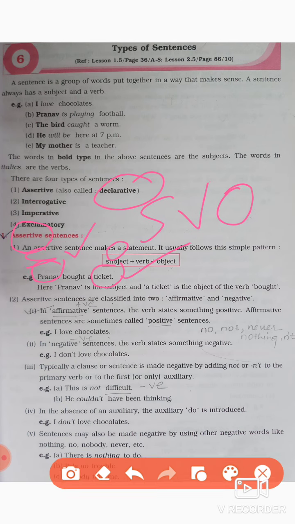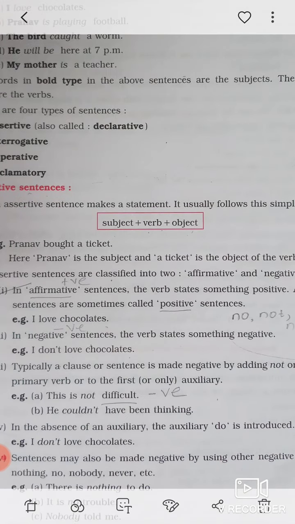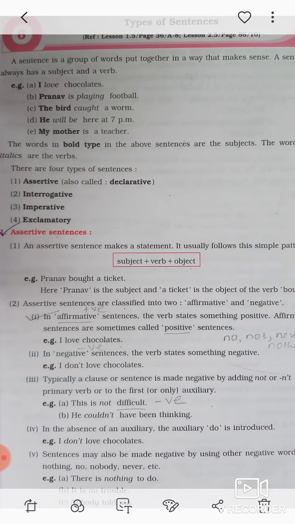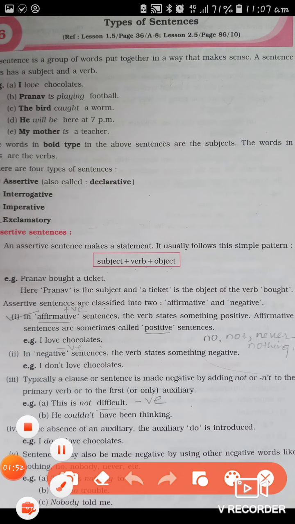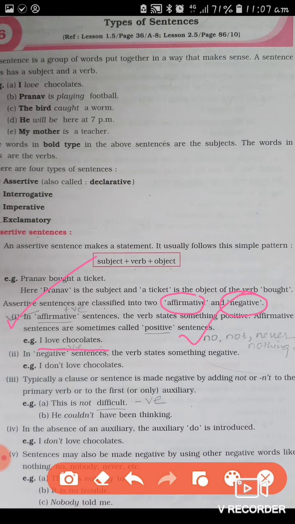Now in the further part, we are going to see bifurcation in the declarative sentence. That is, declarative sentence consists of affirmative sentence and negative sentence. Now, if the sentence is affirmative or positive, then negative words will not be there, like no, not, never, nothing.